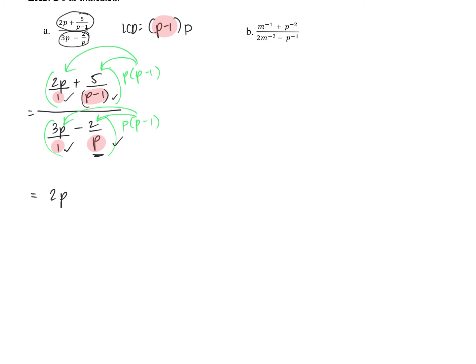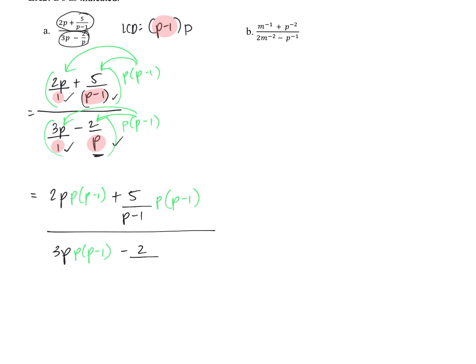So I have 2p in the top, and we multiply that by p times p minus 1, plus the 5 over p minus 1, with the p times the p minus 1, divided by 3p times the p minus 1, minus the 2 over p times p and p minus 1.